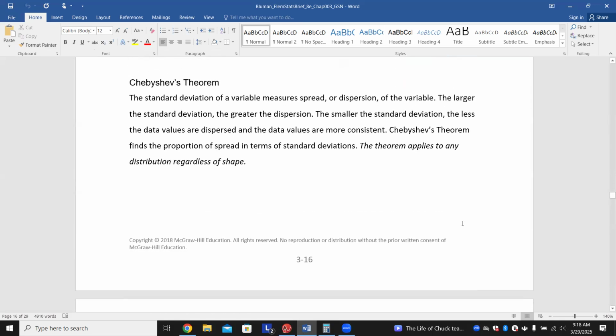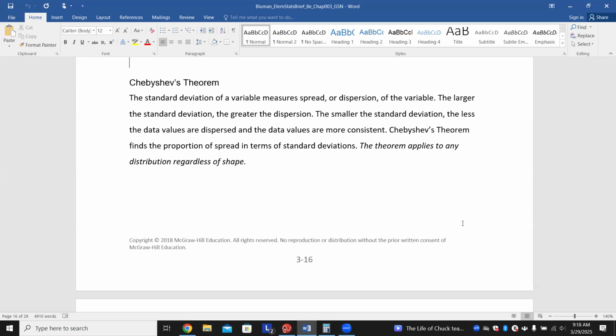All right, there is Chebyshev's theorem. The standard deviation of a variable measures the spread, or dispersion, of the variable. The larger the standard deviation, the greater the dispersion. The smaller the standard deviation, the less the data values are dispersed and the more consistent they are.